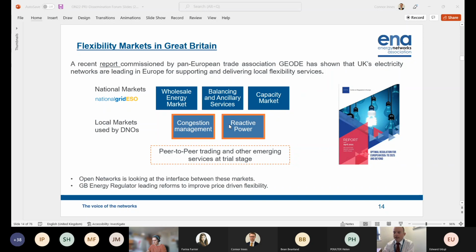And this really is the area that defines the difference between the national markets that are looking at balancing services on a national basis, supplying the wholesale energy market and ensuring there's sufficient capacity, and then specifically the DSO-led markets on distribution networks. And these are mainly around congestion management and also reactive power.